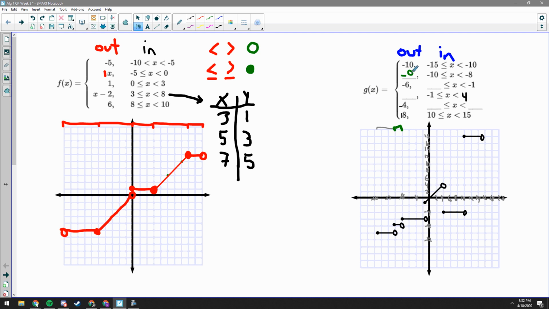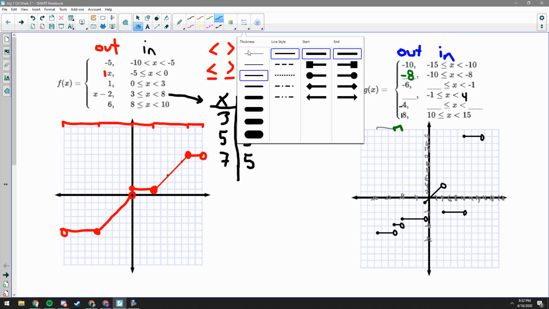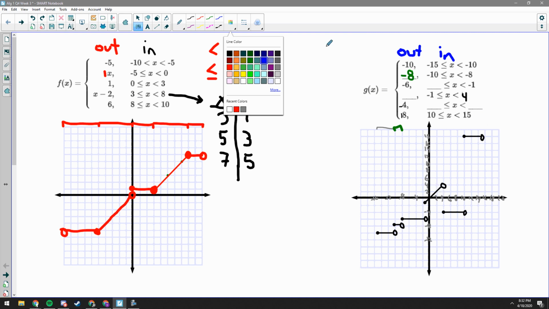I'm just going to go right there. All right, next one. It looks like I'm missing one of my inputs. So let's take a quick look. If my input is between some unknown number and negative 1 right there, my output is going to be negative 6.